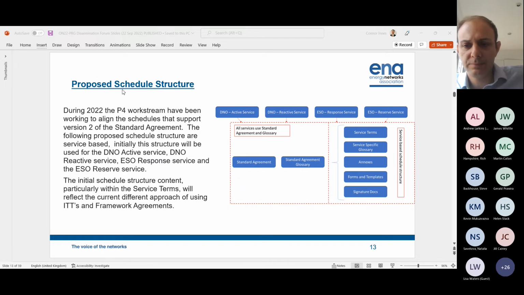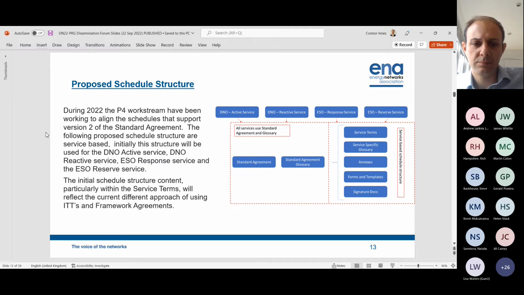One, it reflects the different approaches currently used across the DNOs and the ESO in terms of tenders, and the fact that across the organisations some are using a more traditional contract, as opposed to others which are using framework agreements, looking at a call-off approach, or everything signed up in advance to just be able to run tenders.